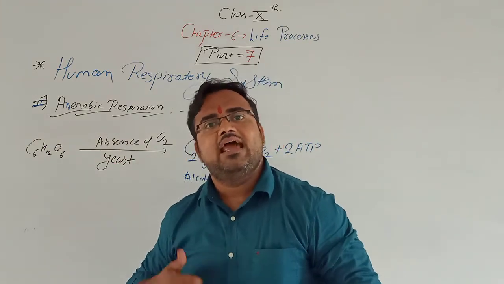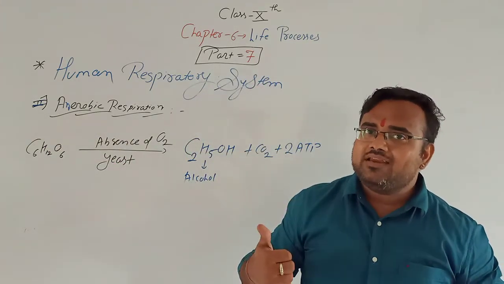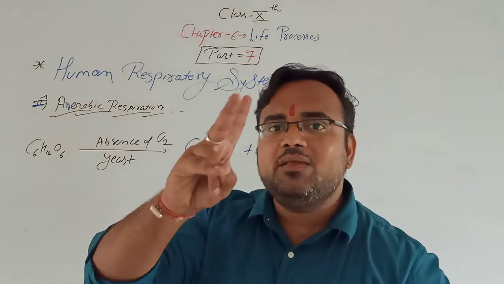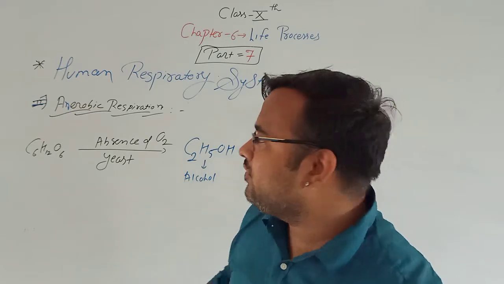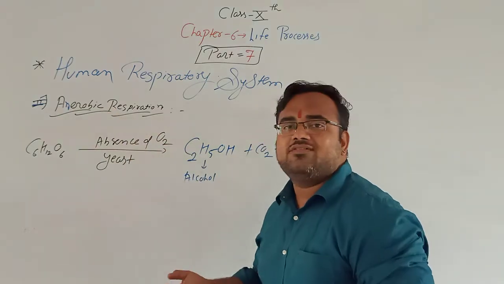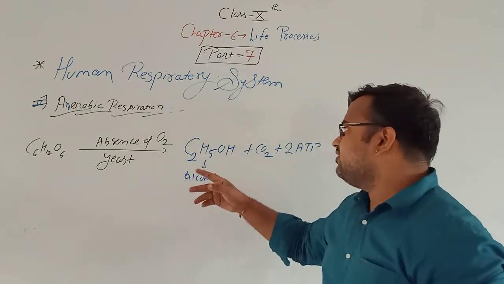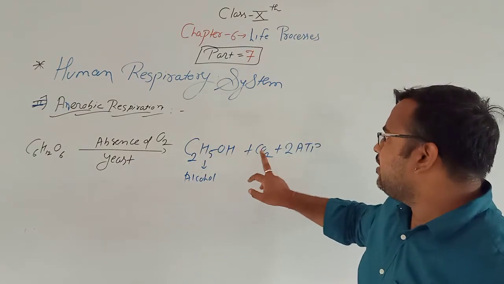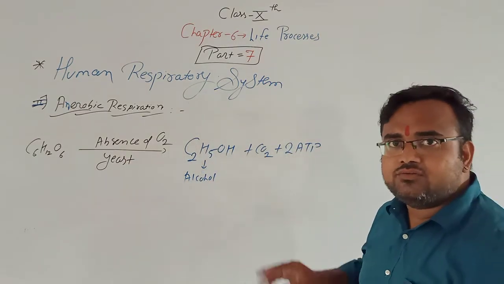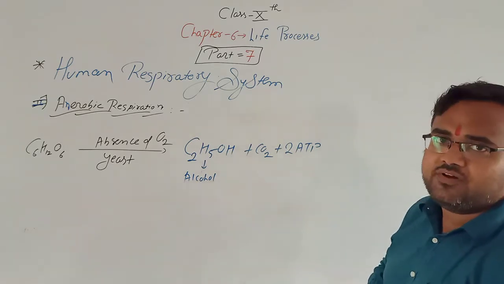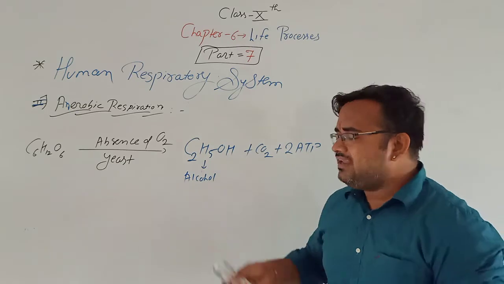Aerobic respiration has two cases, unlimited oxygen and limited oxygen. Anaerobic respiration means in the absence of oxygen. Clear? So ethanol, carbon dioxide and what? 2 ATP, less energy. You can write the reaction.